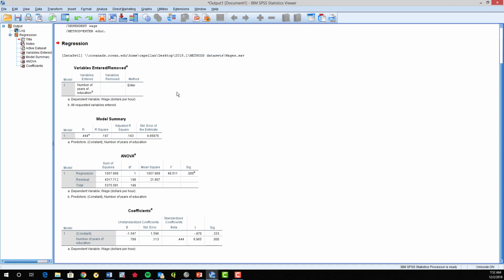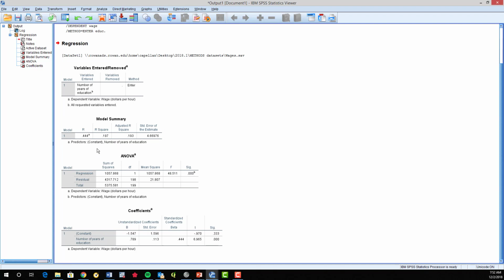The output tells you a number of things. The model summary tells you the actual Pearson's correlation coefficient, or measure of association, between wages and years of education, which is moderate, 0.44, and positive. R square, if you take the square of this number, you get 0.19, which translates to 19%.